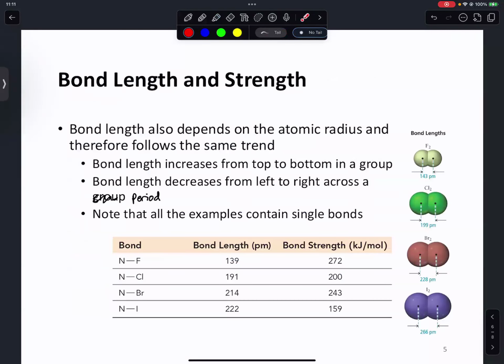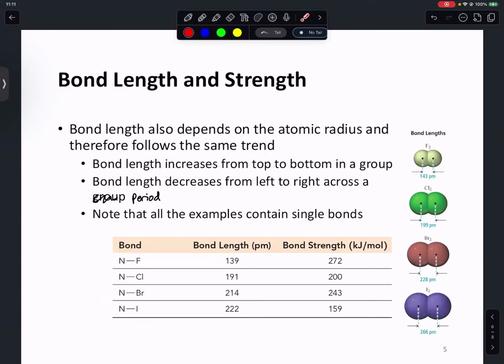Now, bond length also depends on the atomic radii, so it has the following trend. Bond length will increase from top to bottom in a group. Let's look at this example right here. I think this is more clear.